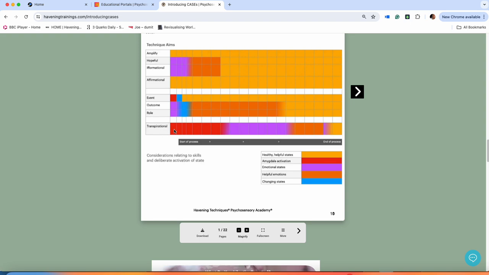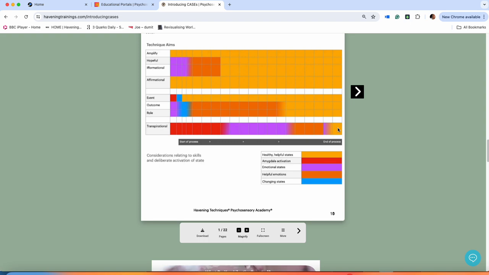Look at transpirational, very different. Amygdala activity, amygdala activity, amygdala activity, emotional states, and then moving into more helpful emotional states, and then maybe a bit emotional again, and then to this healthy, helpful states.